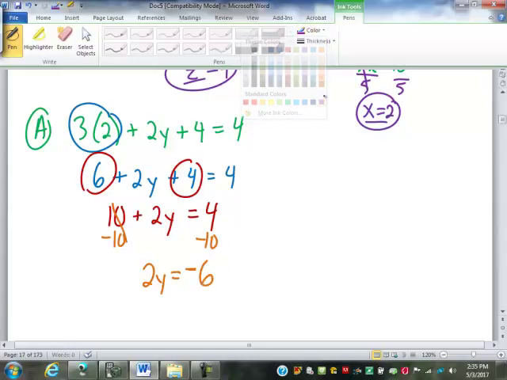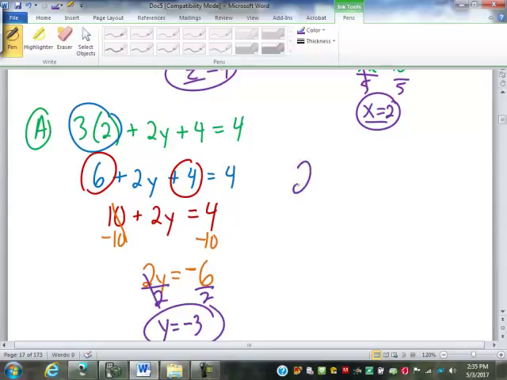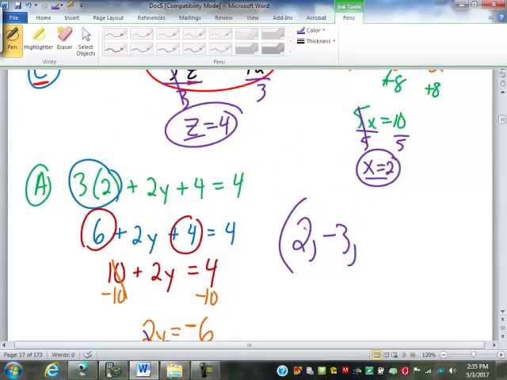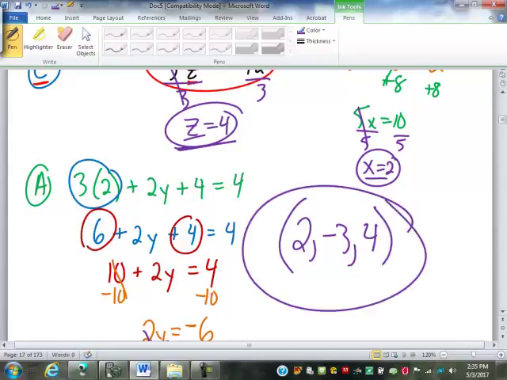And finally, our last step. Divide by 2. Divide by 2. So y equals negative 3. Good. So we've got x is 2, y is negative 3, and z is 4. Any questions there?